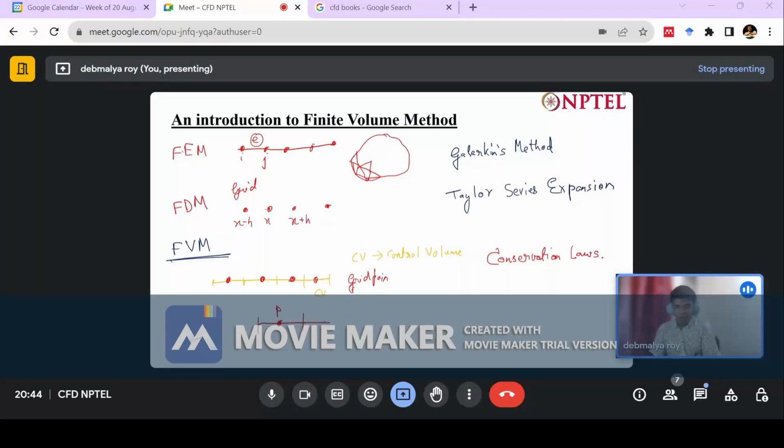The neighboring elements are noted as east and west. So to the right it is east, and to the left it is west. W and E are points in the next control volumes. They are not inside this particular control volume that we are focusing on. They are the adjacent control volume central points, and those will also be important as you will see.